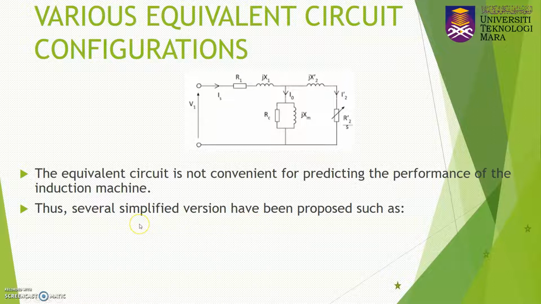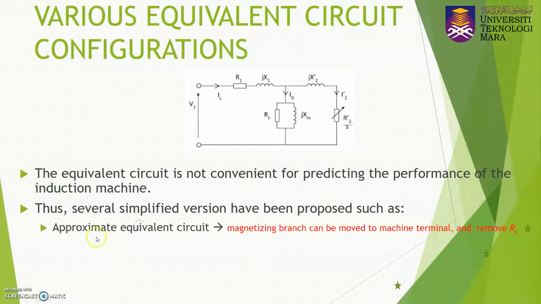There are several simplified versions. The first one we name the approximate equivalent circuit. For the approximate equivalent circuit, the magnetizing branch can be moved to the machine terminal, and then we remove the Rc. So here the magnetizing branch is moved to the machine terminal, which is here, and after that we remove the Rc.